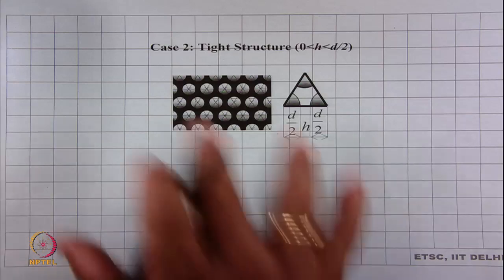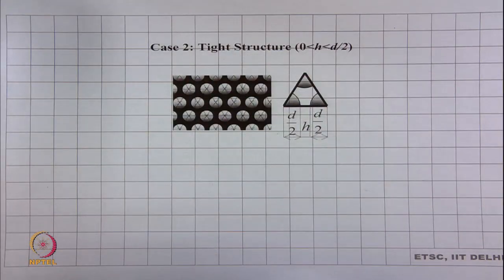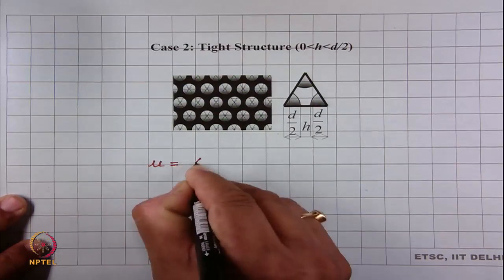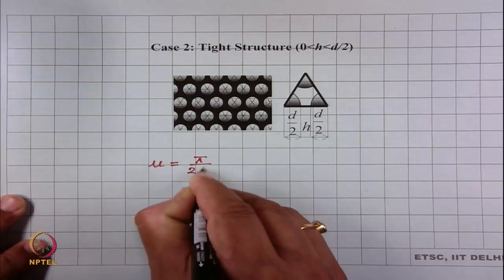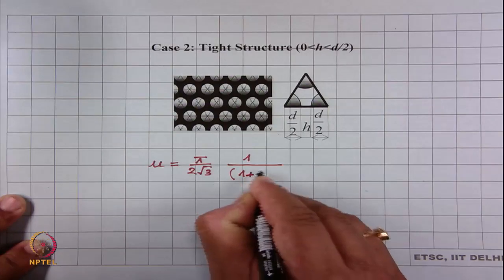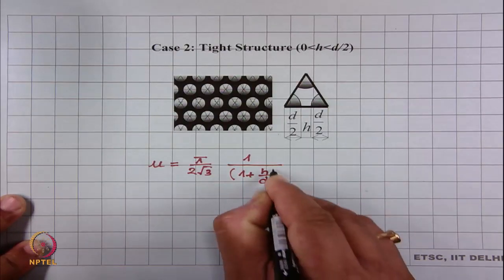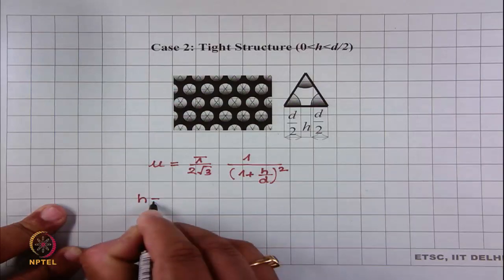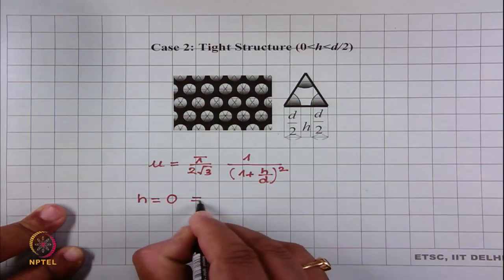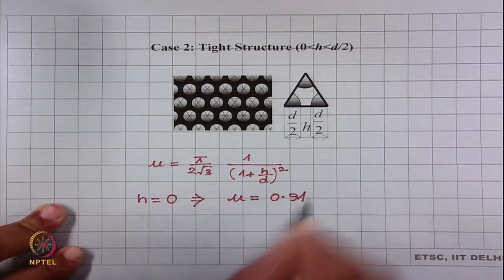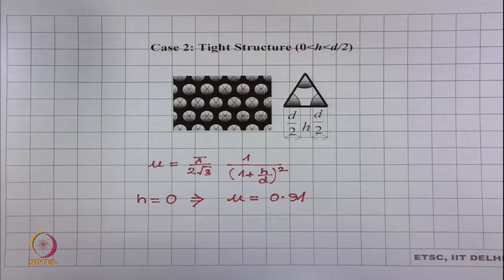Now, what is the packing density mu of this structure? For general hexagonal structure, this relationship we have already derived. If we put h is equal to 0 here, we obtain mu is equal to 0.91, as we have just seen.